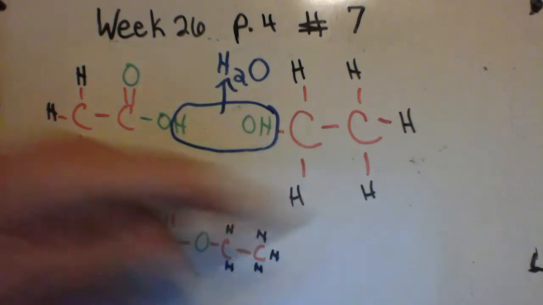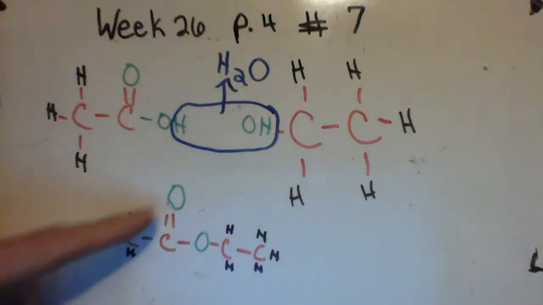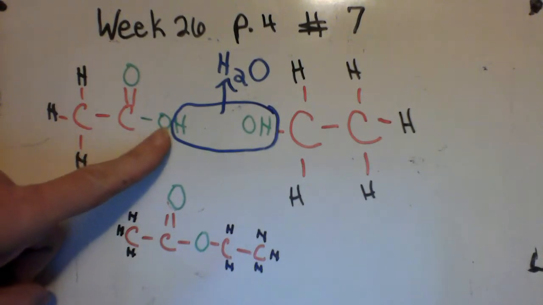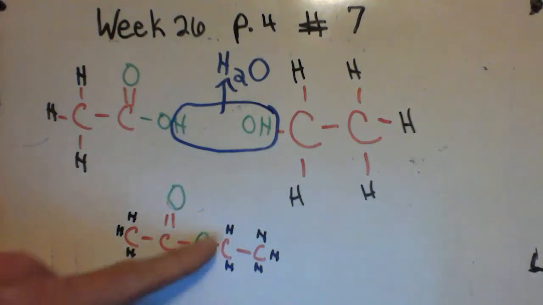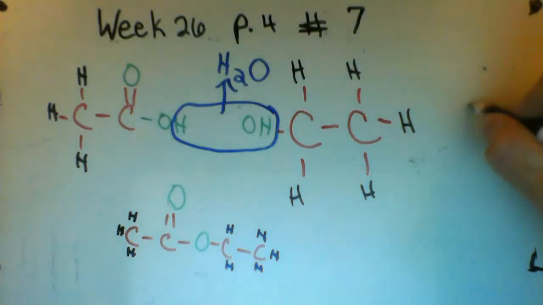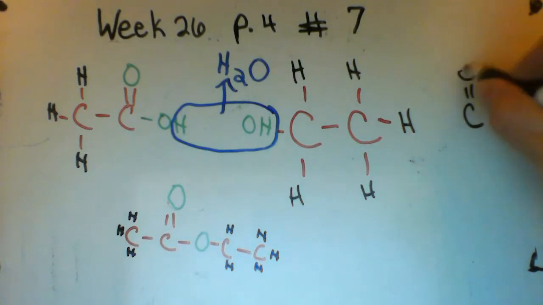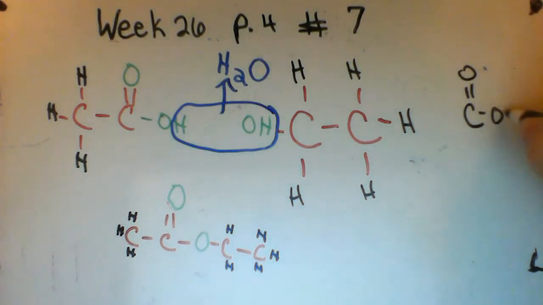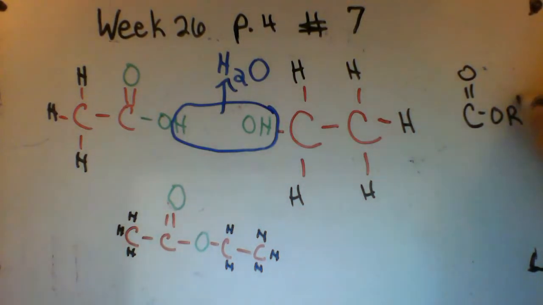So when these are added together, the water is released, and we see that that oxygen here now bonds with the carbon, and we have that carboxylic group, but there's no longer a hydrogen with this oxygen. Instead, there is a hydrocarbon chain. So when we show an ester, we show the carboxylic group with an R instead of an H.